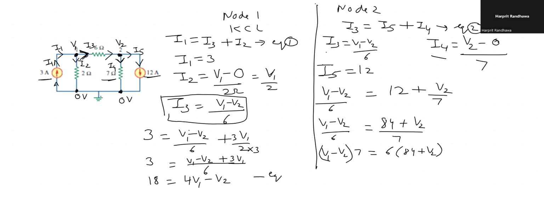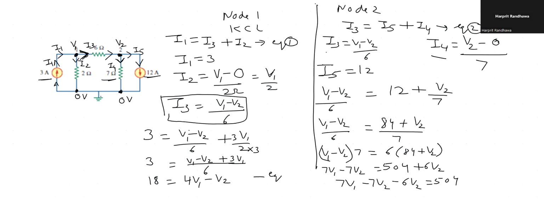So we got 7V1 minus 7V2 is equal to 6 times 84, which gives me 504, plus 6V2. From here, I got 7V1 minus 7V2 minus 6V2 is equal to 504.